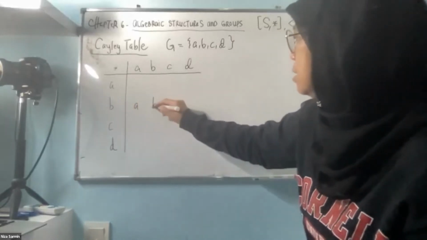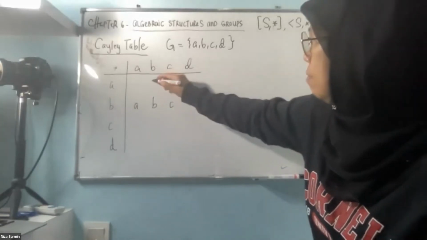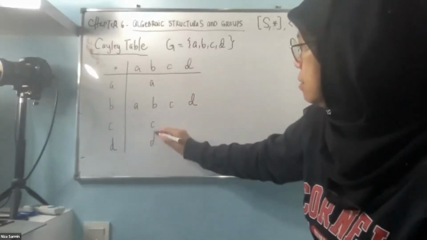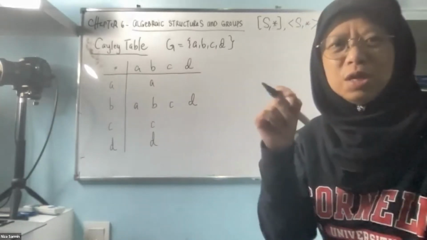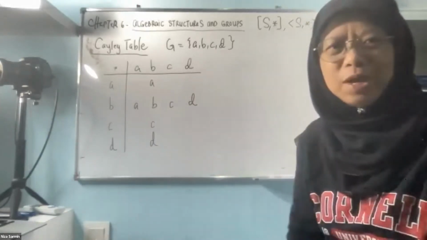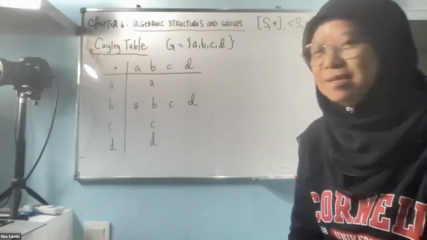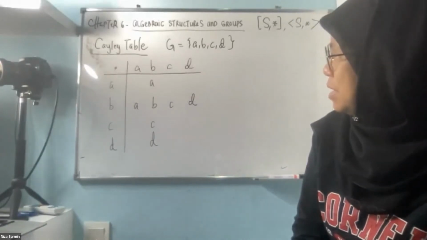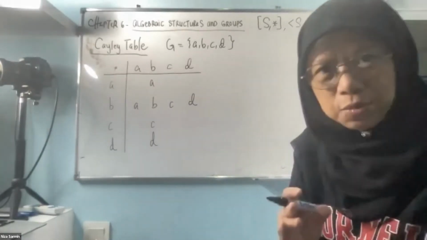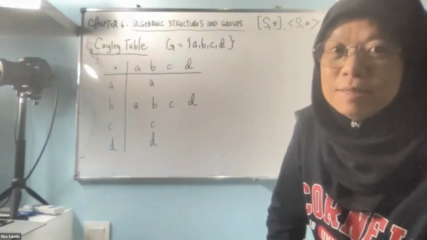I will write it like this, A, B, C, D. A, B, C, D. Macam kita main apa? Yang satu row or column has to have only one number or one letter. Main apa tu? Sudoku ke apa? Okay, so if it is a group, every row or column has only that letter once.